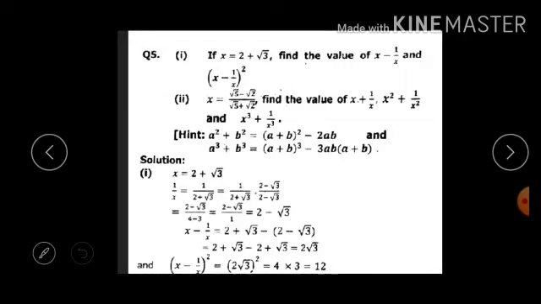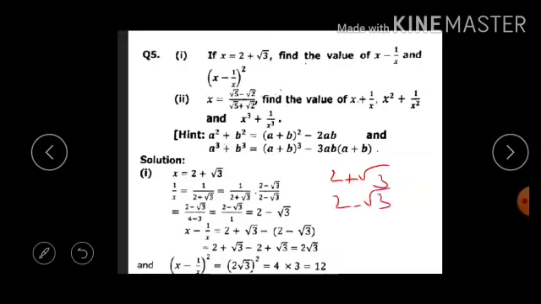We can substitute the value of x in the denominator. The given denominator is 2 plus square root of 3, which makes its conjugate 2 minus square root of 3.